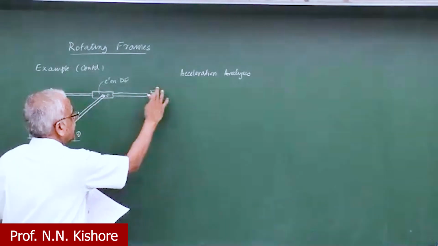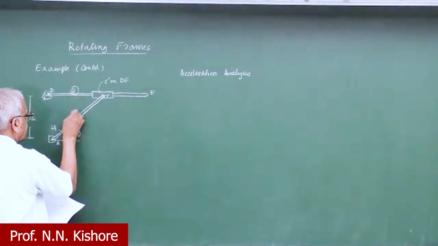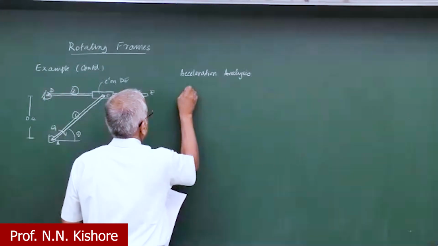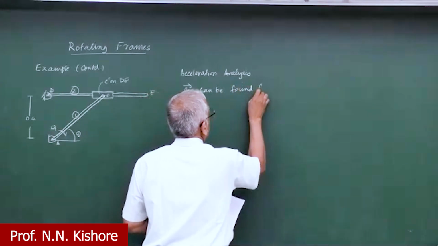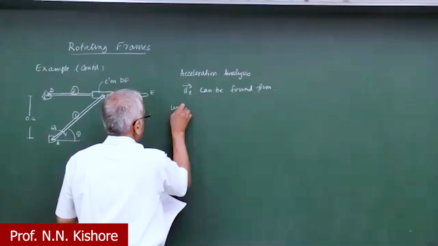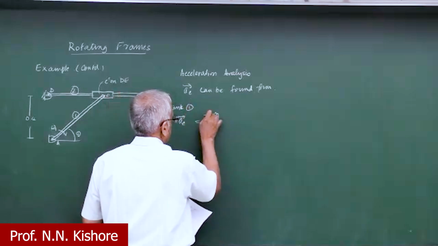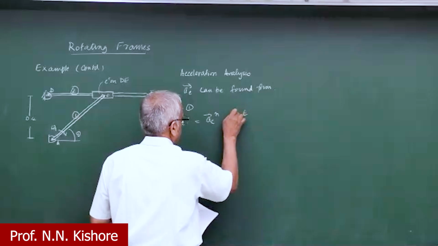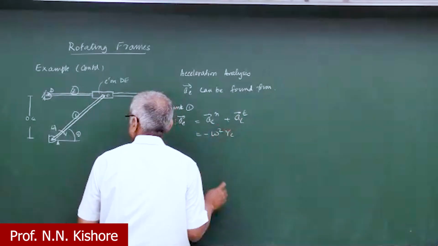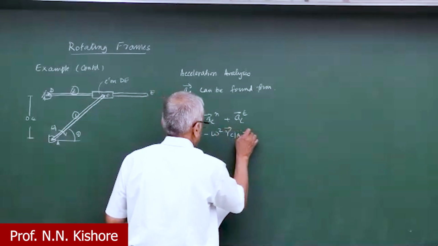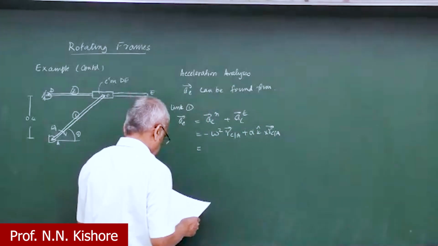So the acceleration of C can be found out from link 1, which we have said consists of two components, C with A. We did this using IJ, but I want to put another way, directly knowing omega 1 and alpha 1.